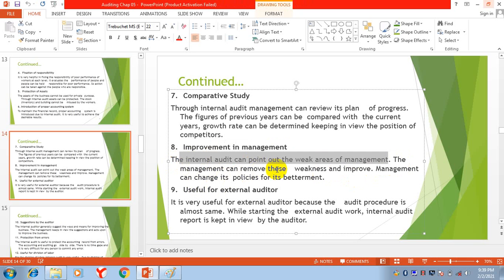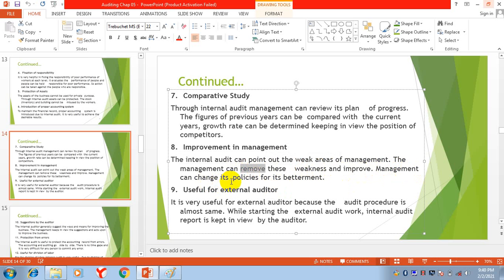The management can remove these weaknesses and improve. When the auditor informs the management about the weak points, management will look at these points and will try to improve or remove these weaknesses.